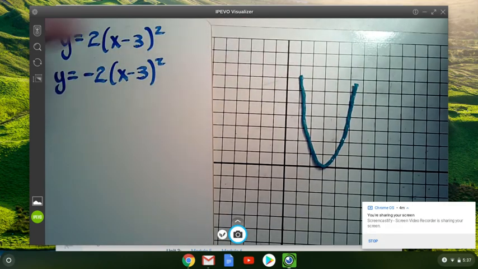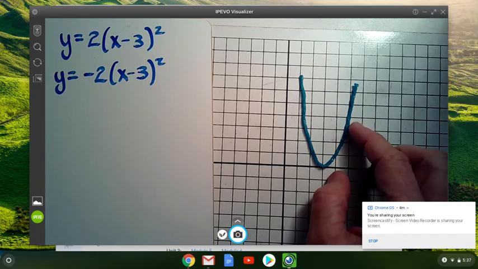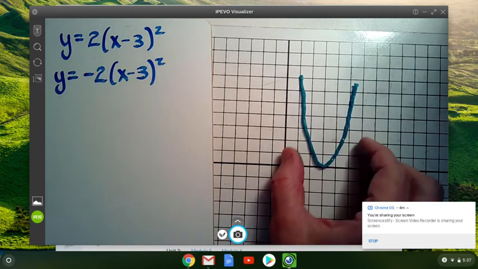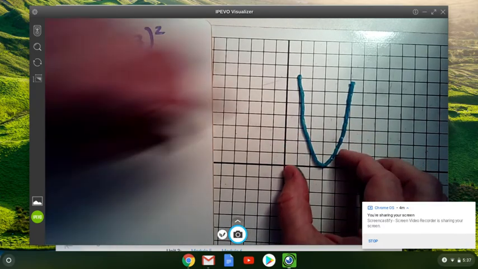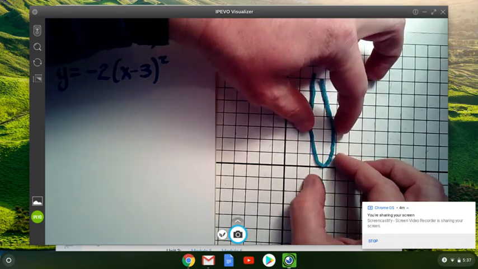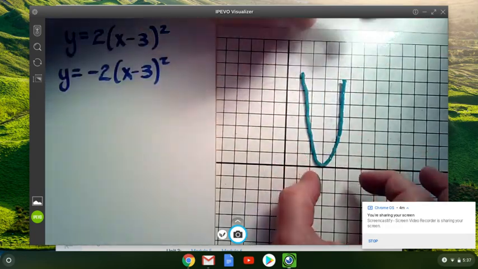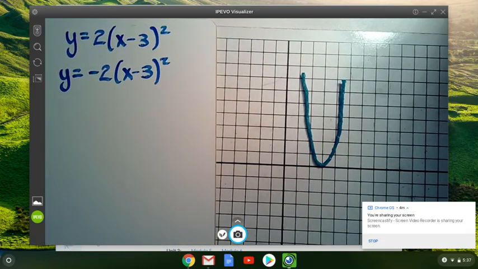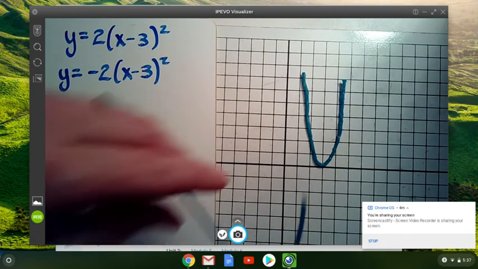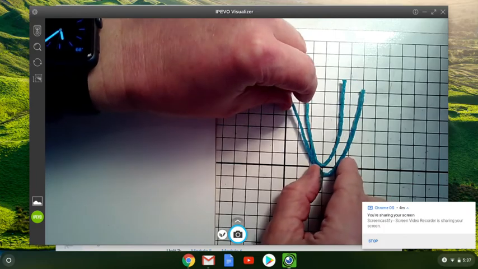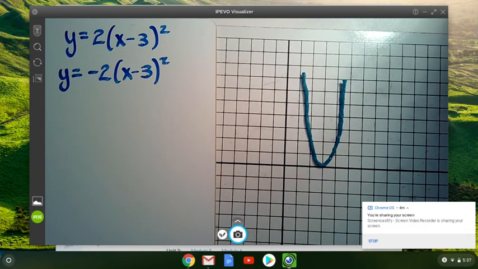It's in with the x, so it's going to move in the x direction. But that 2 makes it more narrow because it stretches the graph vertically. So instead of being wider like it was before, it's going to be more narrow.